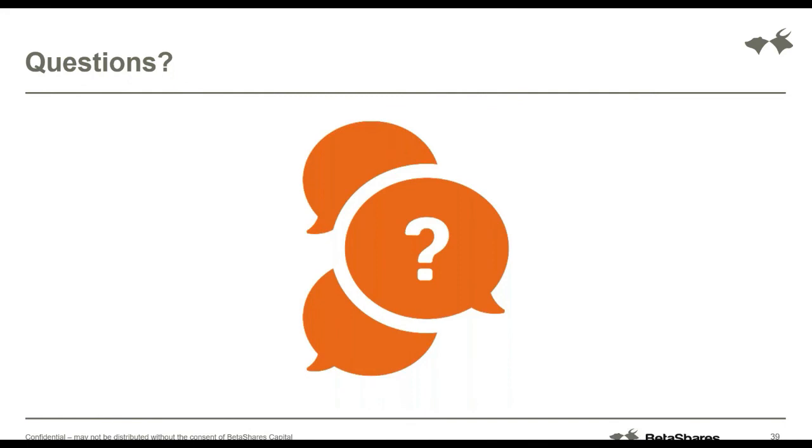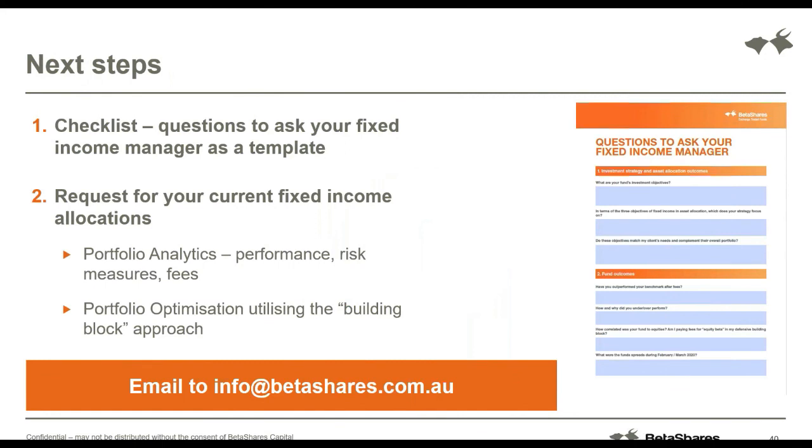Yep. Interesting. Look, we've got a lot of questions here. We promise that we will answer all of them, so we'll come back to you. But in the interest of time, I just wanted to share next steps. That slide I outlined, the checklist of questions, we will send to you as a template that you'll be able to download from the follow-up email.